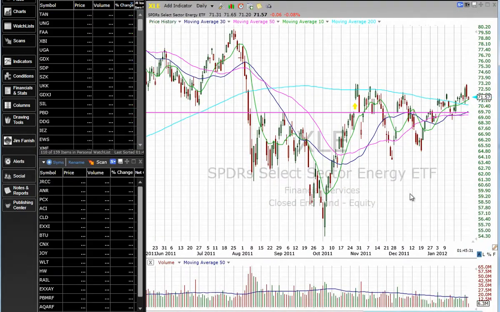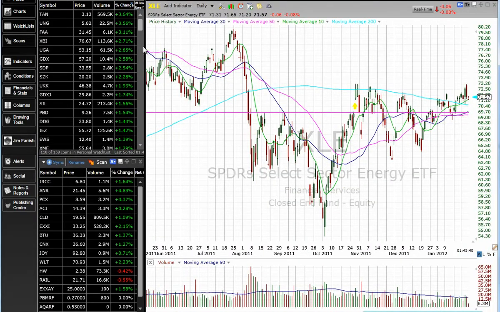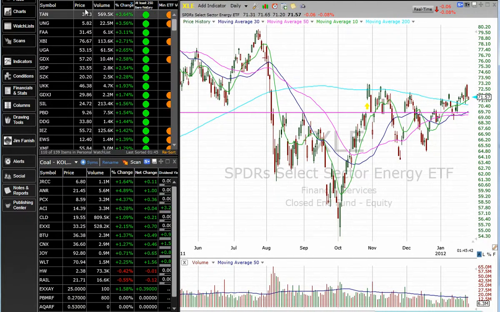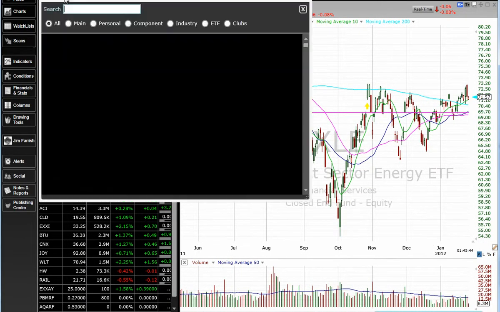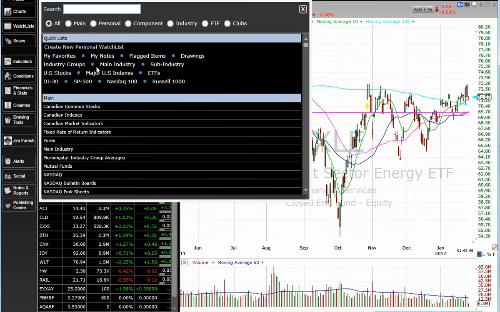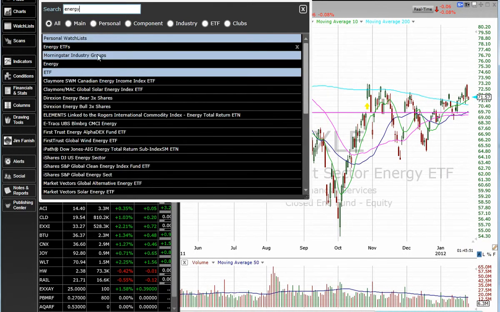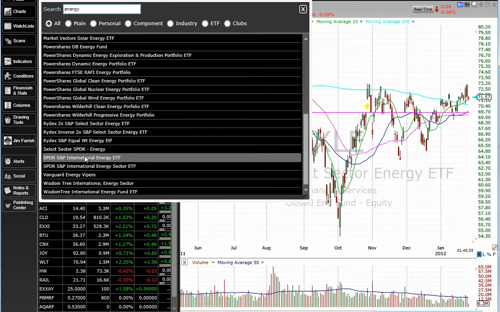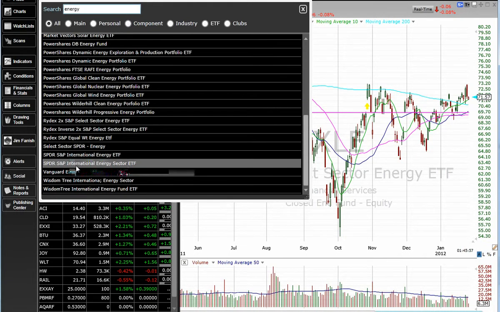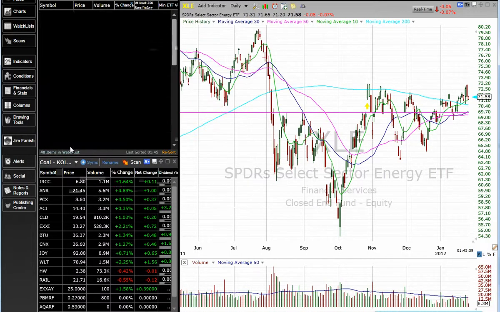If I go back to this chart and I want to look at energy, all I have to do is go into my watch list and start typing energy in here. I'm going to pull up the energy component that I'm looking for, which happens to be the Spiders, which is down here. I click on that.